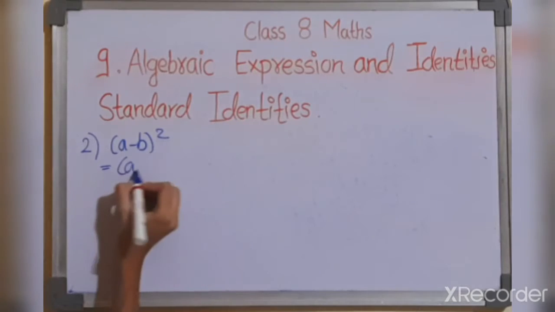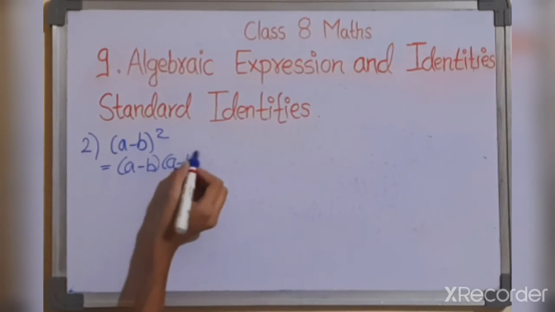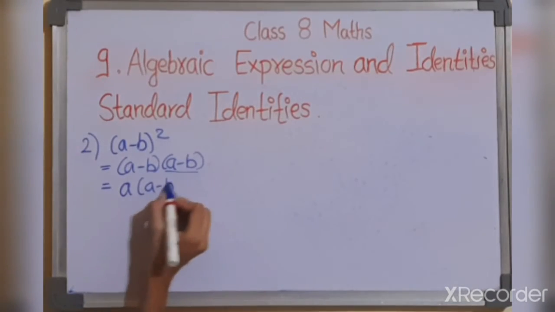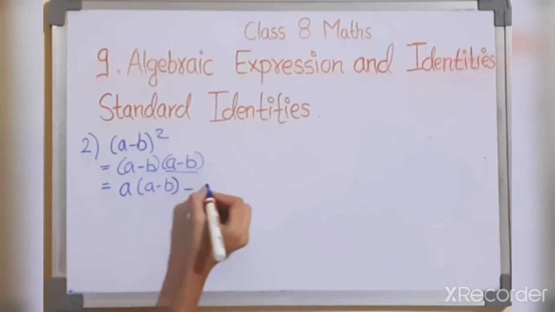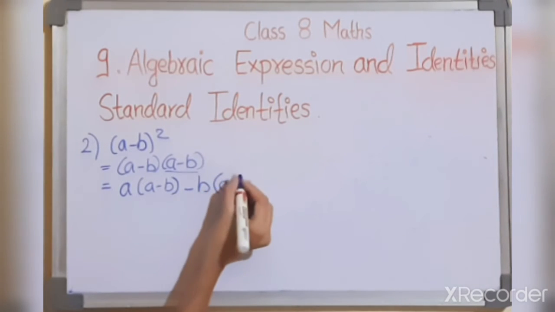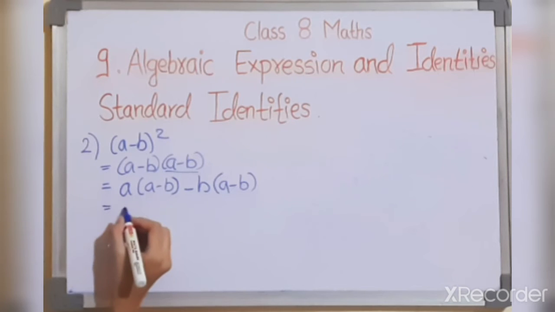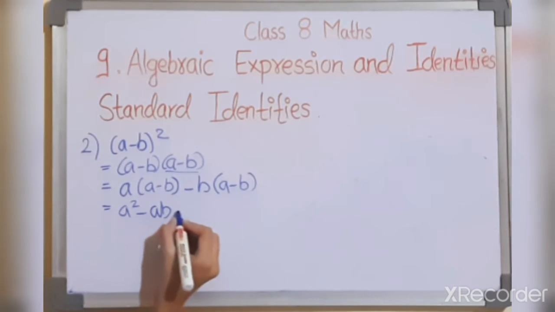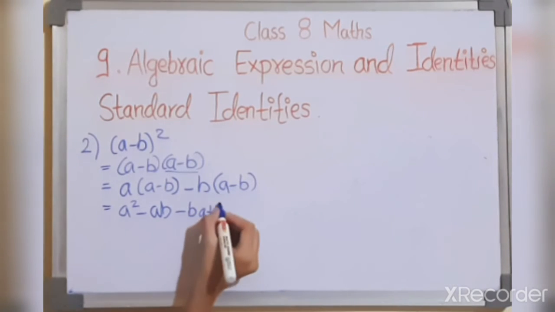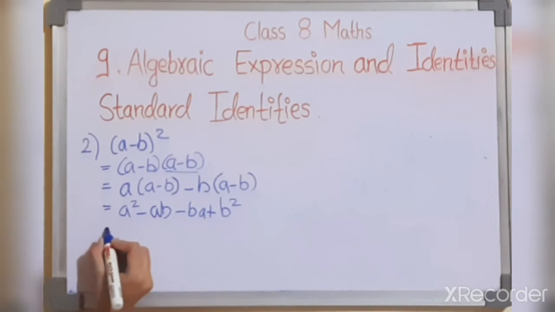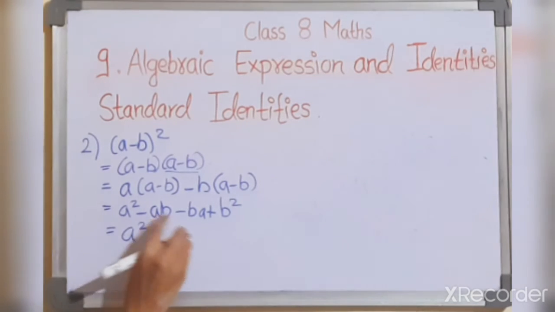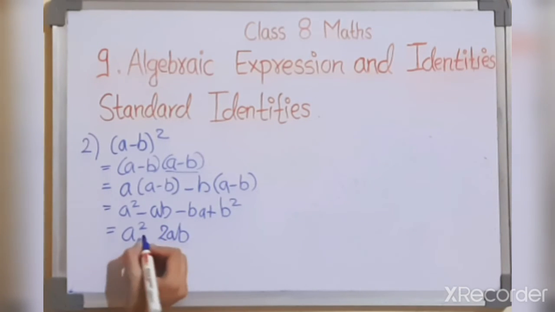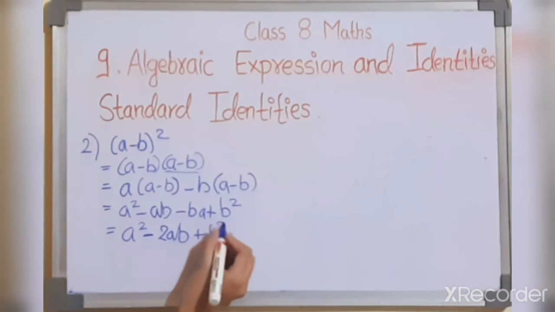So this is equal to (a − b)(a − b), which is equal to a into (a − b), then minus b into (a − b). a into a is a², minus a into b is ab, minus ba plus b², which is equal to a² minus ab minus ab plus b², so a² − 2ab + b².